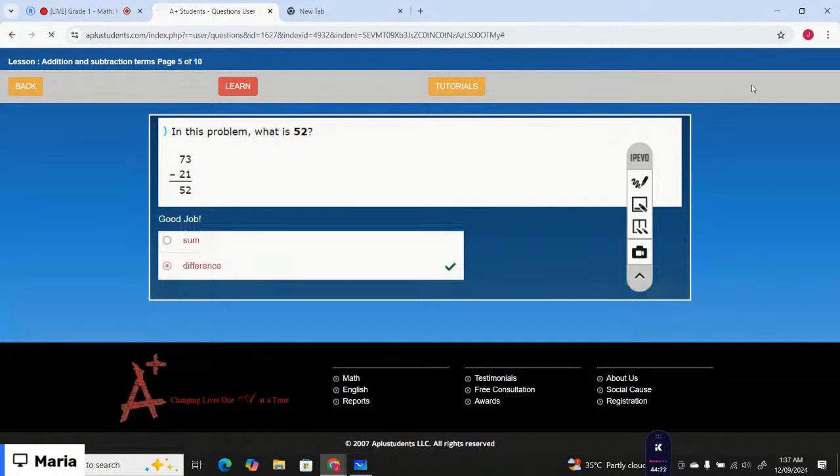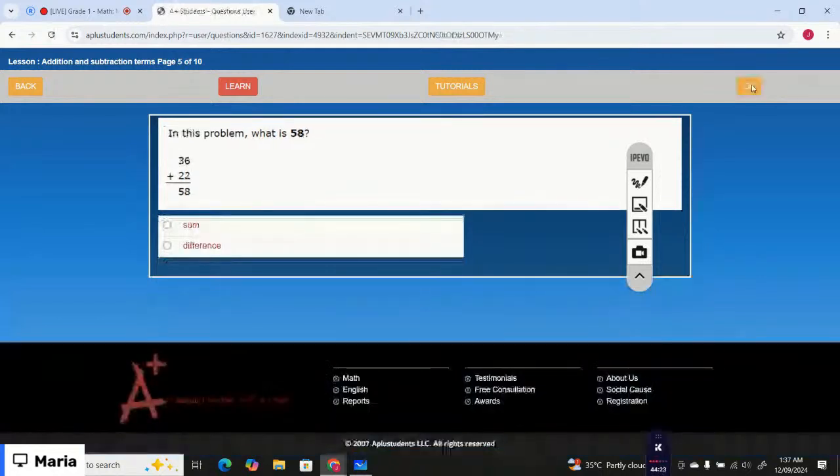Okay, the next one is, in this problem, what is 58? So which is the correct option?